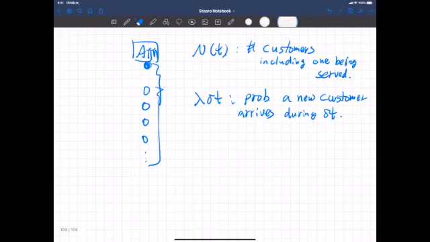And also we need the parameter for the time spent at the server.